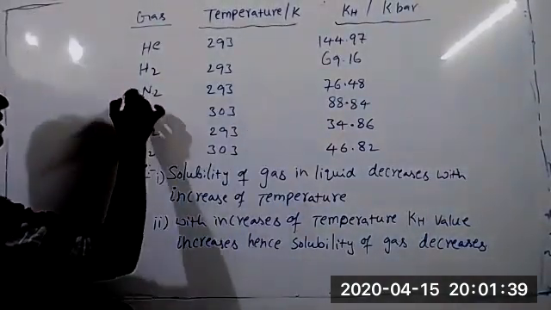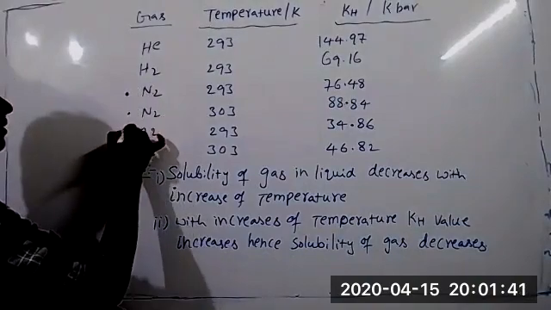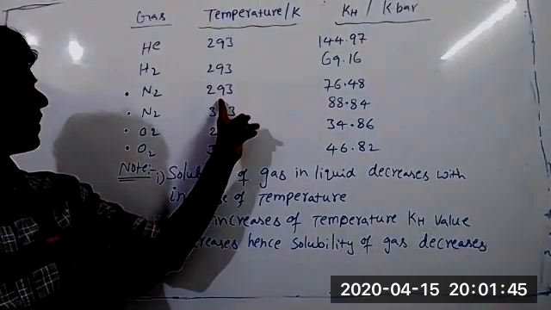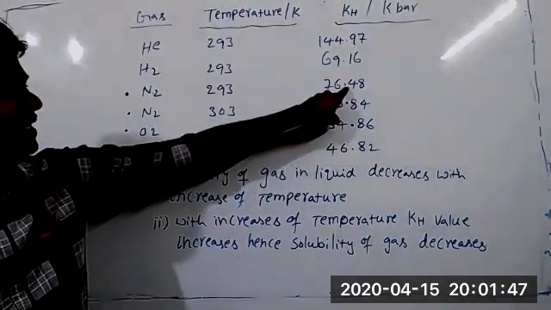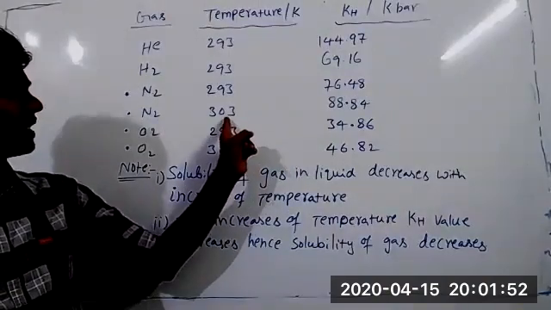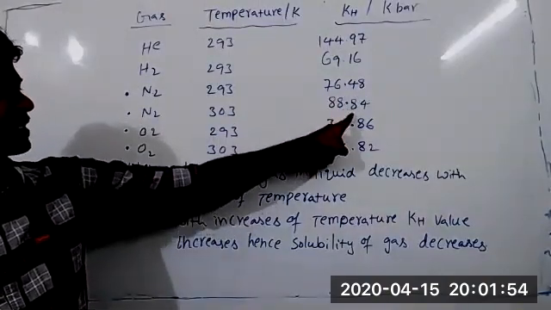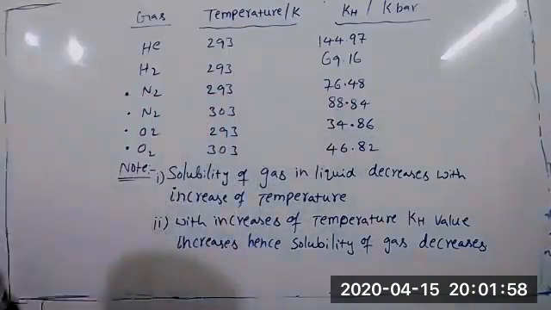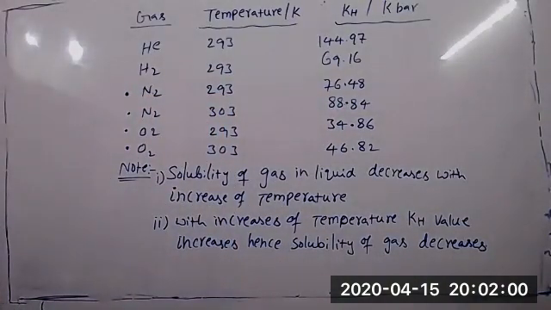Observe these four values. Nitrogen at 293 Kelvin, room temperature, KH value is 76.48. Nitrogen at 303 Kelvin: by increasing temperature, KH value also increased. So what happens to solubility?